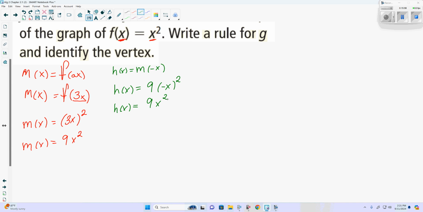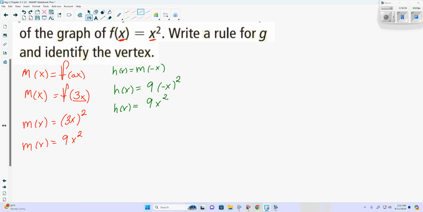So all the points to the left of the y-axis got flipped to the positive side. Well, they landed on every point that already existed on that side, and all the ones on the right went to the left. So it literally flipped it onto itself. That's why we came back with the same function.